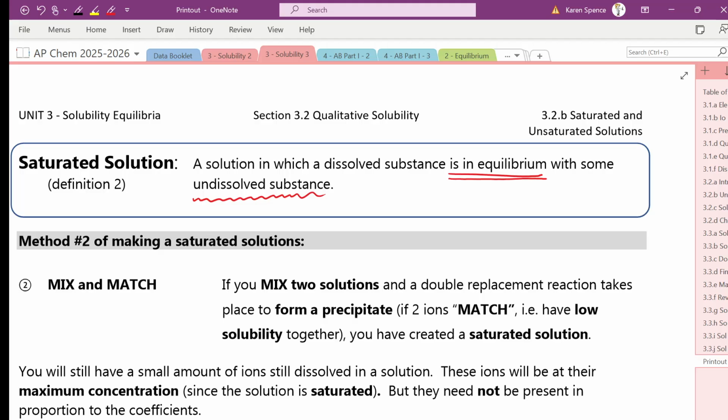Yes? So if you mix two solutions and they form a precipitate, you have successfully saturated that solution. Because if it wasn't saturated, a precipitate would not form.